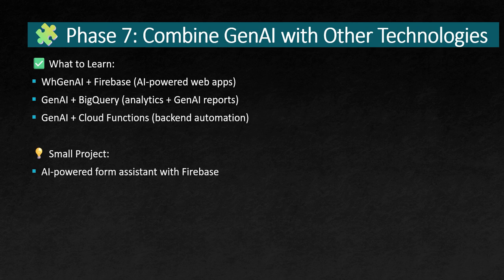Using those, you can create a small project like an AI-powered form assistant with Firebase. This will give you a complete end-to-end picture of how Gen AI apps are built in the real world, moving from a simple prompt to intelligent, scalable apps.